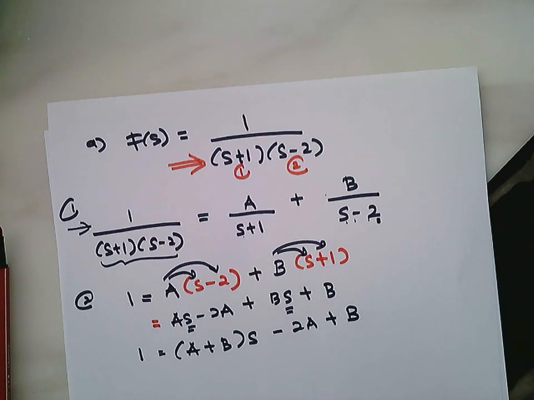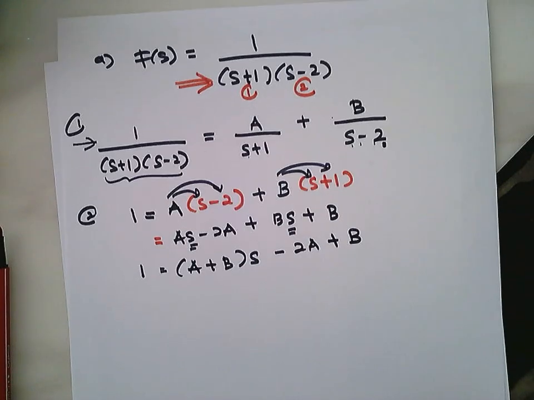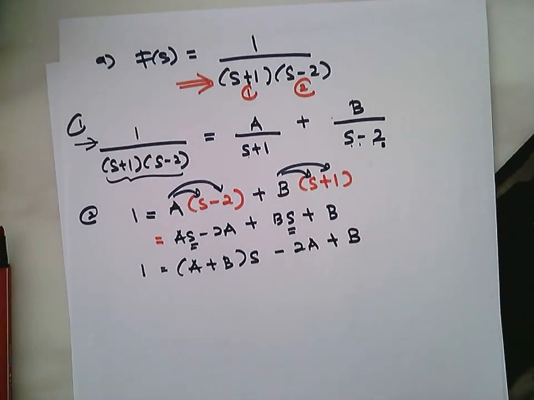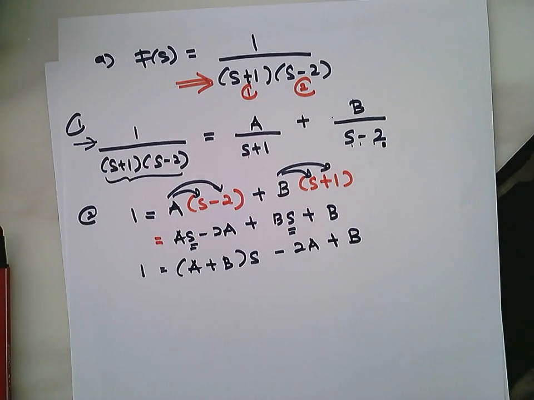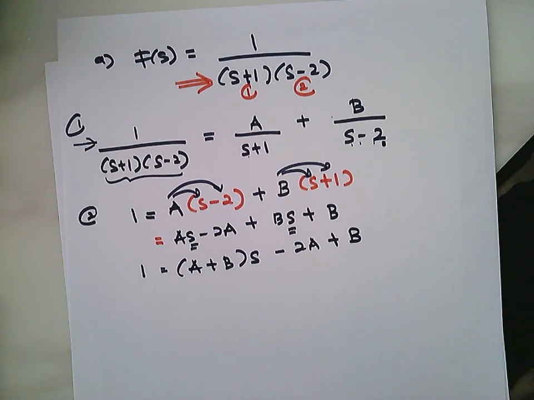Now for you to get the value of A and B, you have to form two equations. Remember, when you have two unknowns, then you will have two equations. So what will be the first equation? You are comparing left hand side and right hand side.